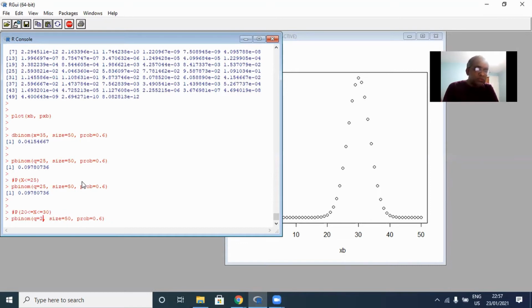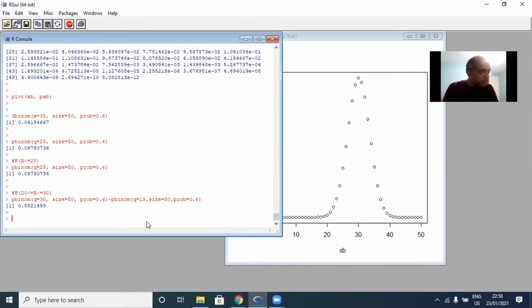To compute this, first you compute the probability that x is less than or equal to 30 and take away from that the probability that x is less than or equal to 19, right?